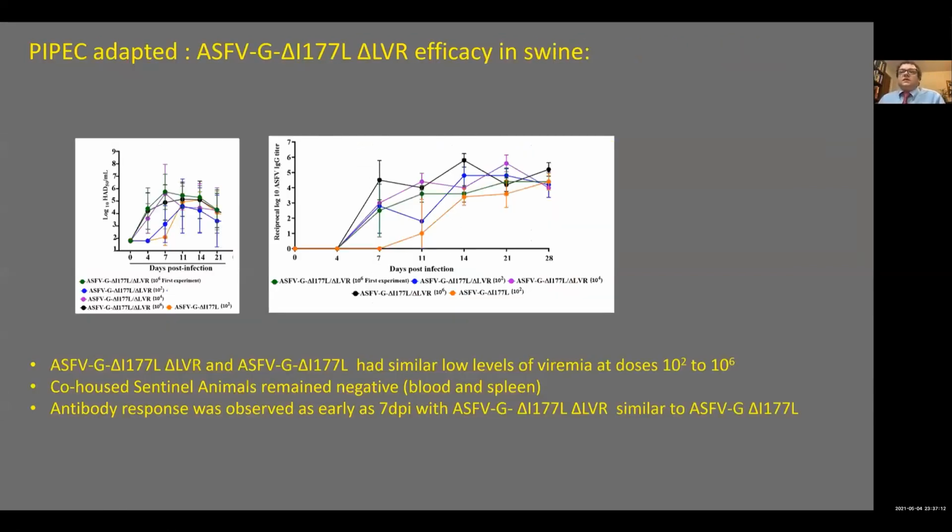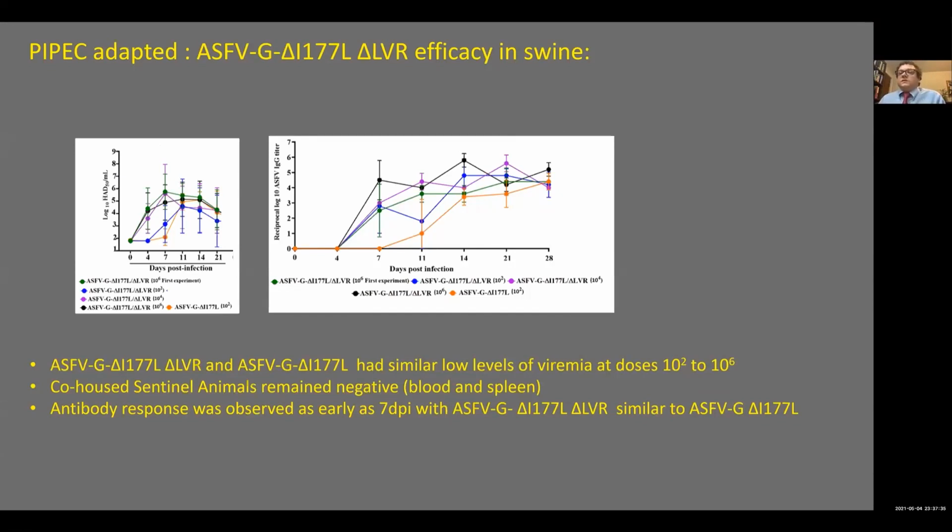So the next question is, what is the efficacy in swine? When we compared our delta LVR and our parental I177L, we found that they had similar low levels of viremia at doses 10 to the 2 to 10 to the 6. When we co-housed a sentinel animal, it remained negative, and the adapted virus did not get past the sentinel animal.